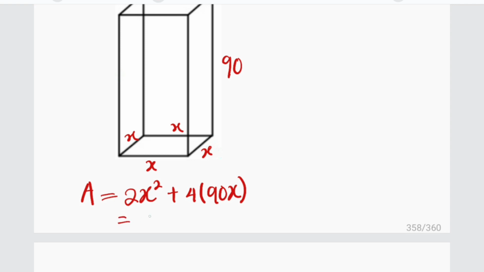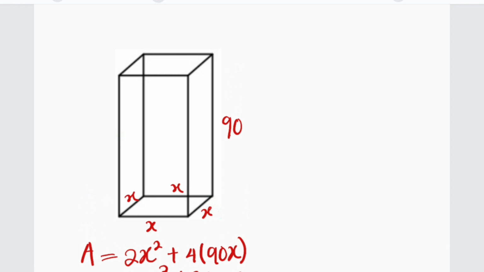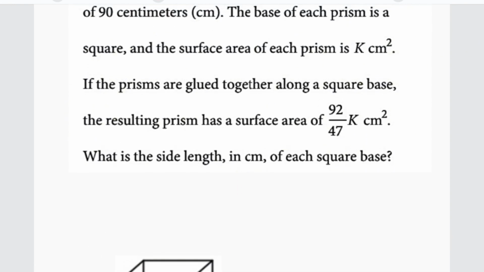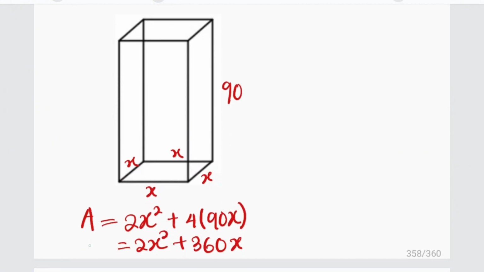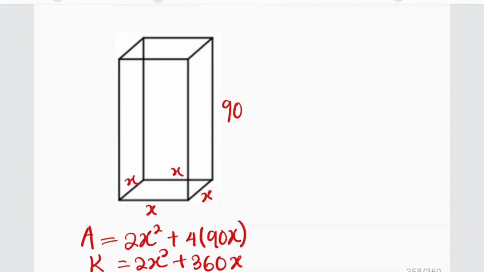So together we have 2x squared plus 360x. This is the total surface area of this prism. But according to the question, they have already declared that with k. So instead of this, I am going to write k.